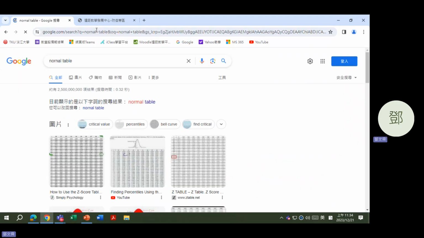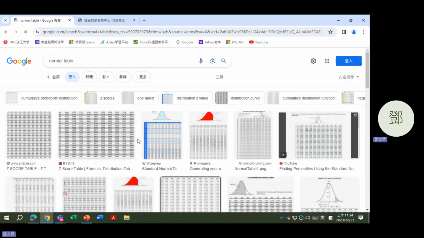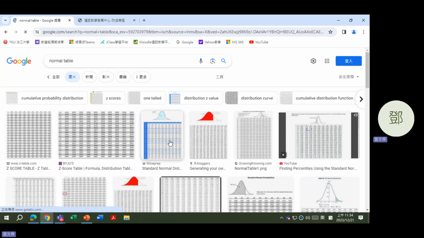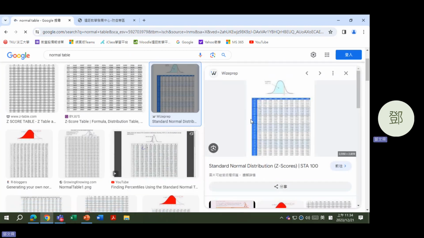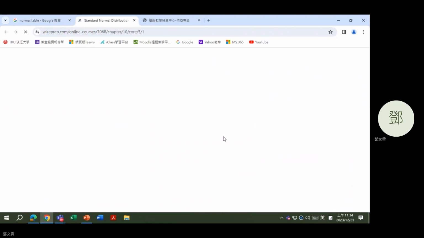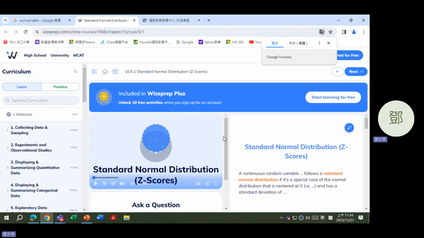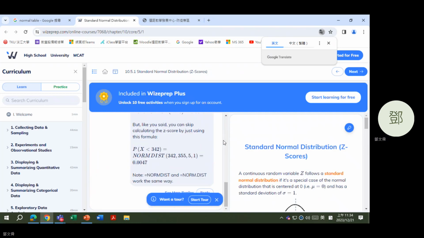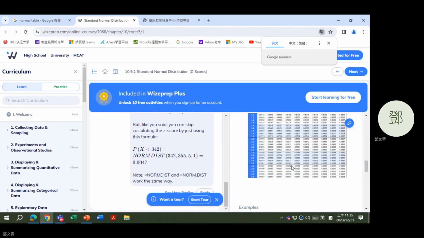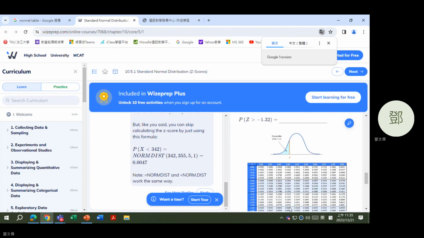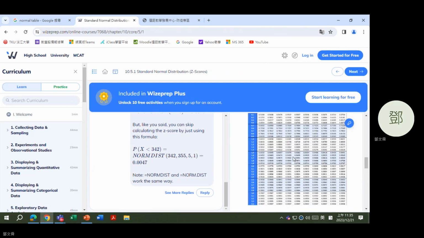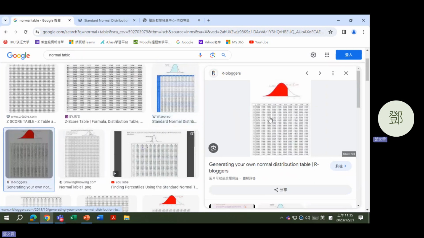I think this table is the same as that in your textbook. 1.41. Okay. What happened? This one is better.